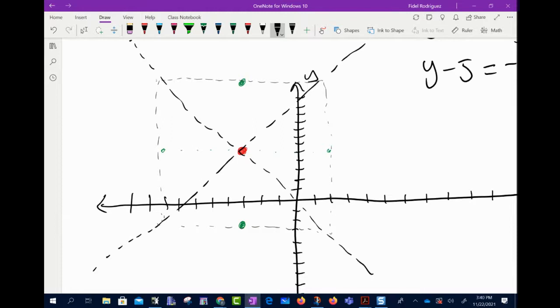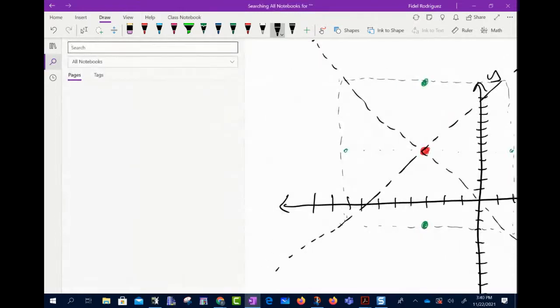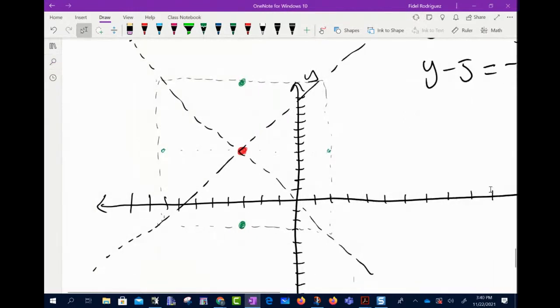Center should have been negative 3 and 5. Are the vertices? Right?